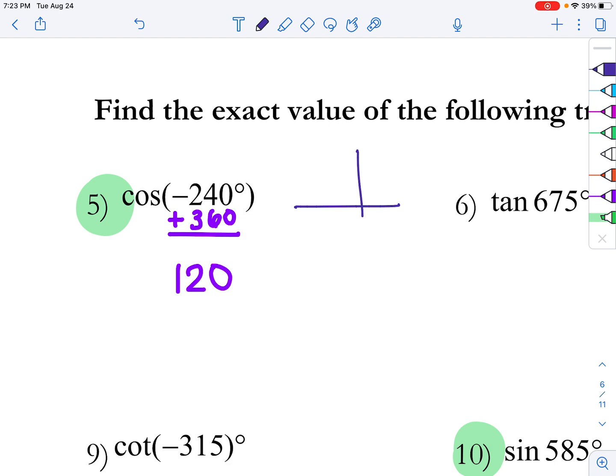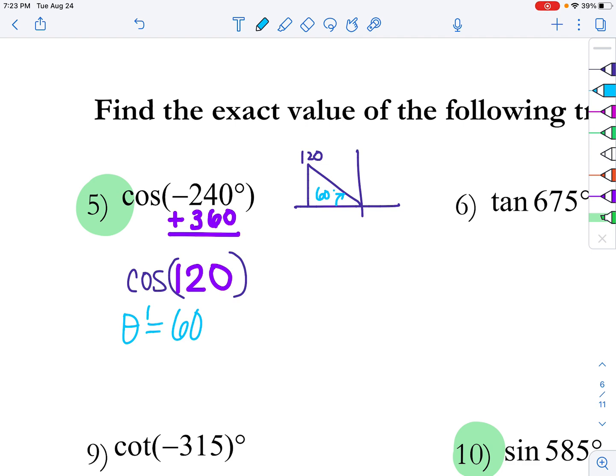They both land in the second quadrant. They both have a reference angle of 60 degrees. So instead of working with angles we're not familiar with, we can use coterminal angles to get an angle we're more familiar with, and then follow the exact same steps as before.